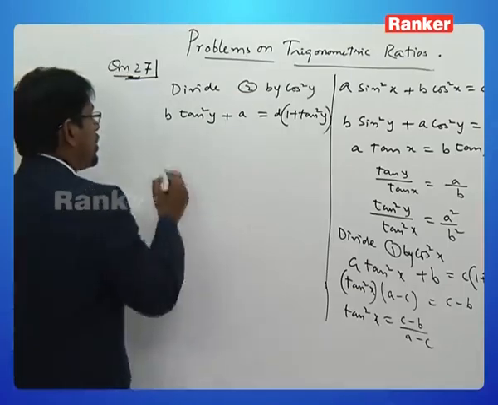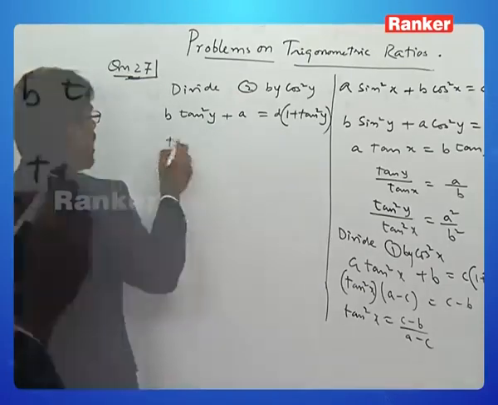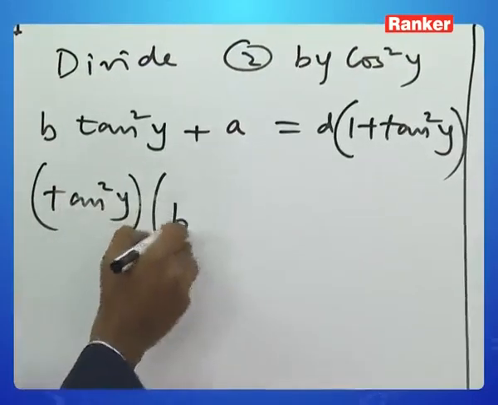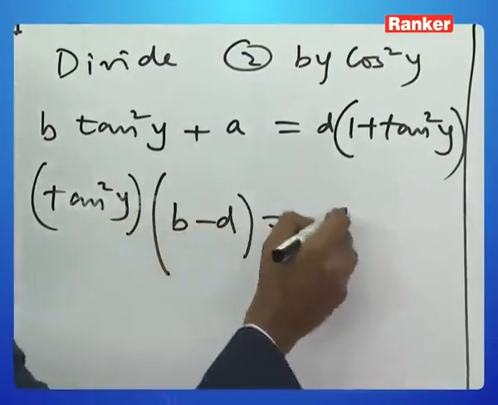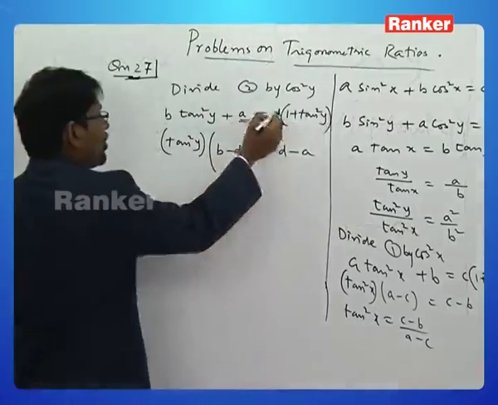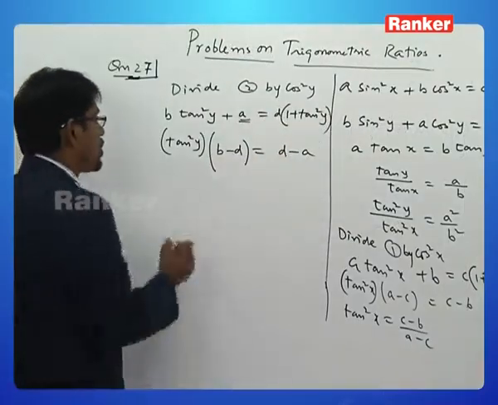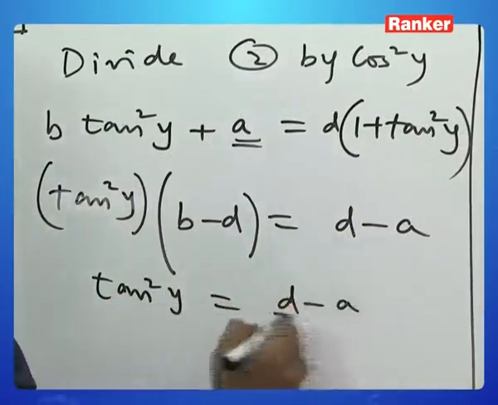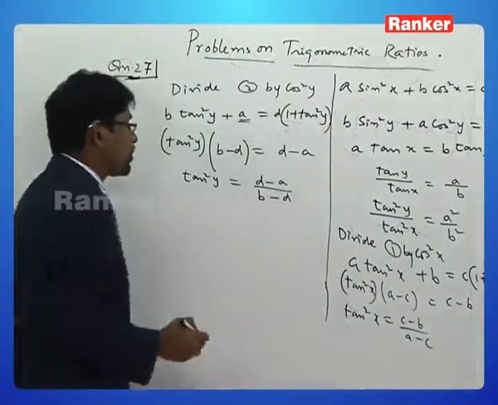So what do we have now? Again clubbing the tan square y terms to the left, tan square y into b minus d is equal to d minus a. Club this term the other side. So tan square y is equal to d minus a by b minus d.